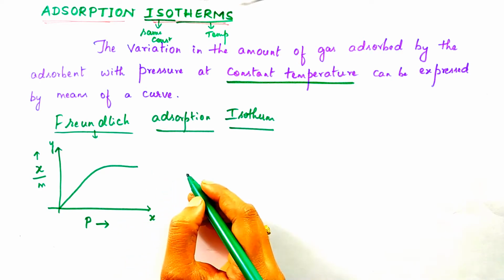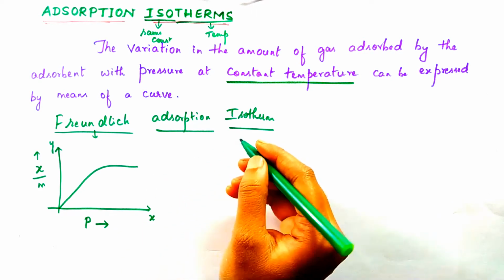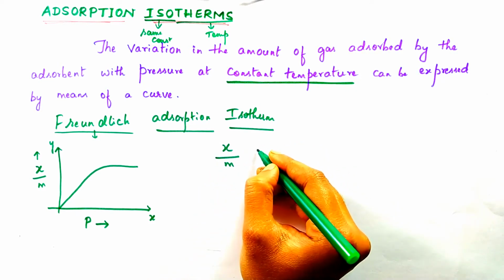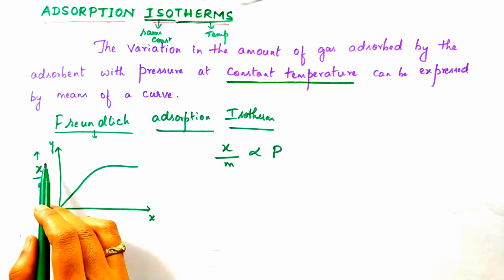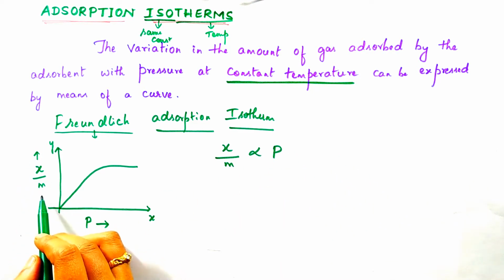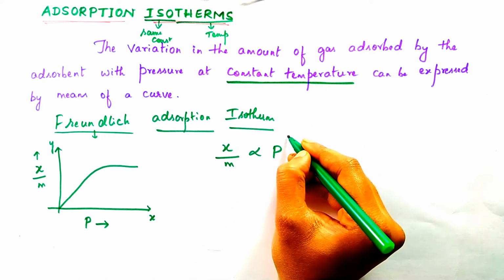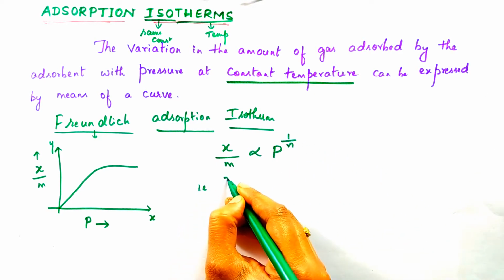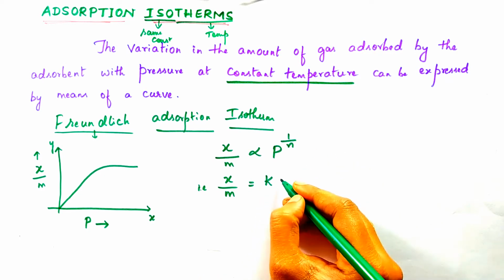He also gave the equation called the Freundlich adsorption equation. x/m is directly proportional to P. As the pressure increases, the extent of adsorption increases. He gave the equation x/m is directly proportional to P to the power of n, that is, x/m = k P^n, where k is the proportionality constant.